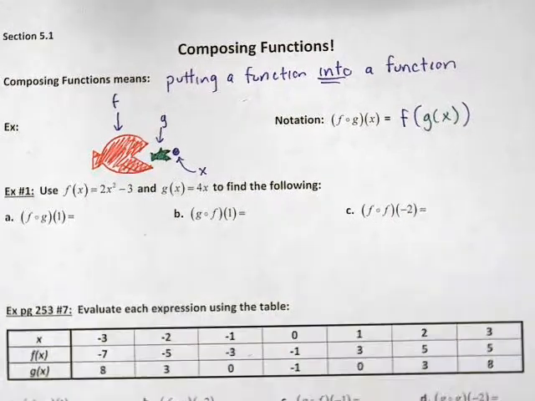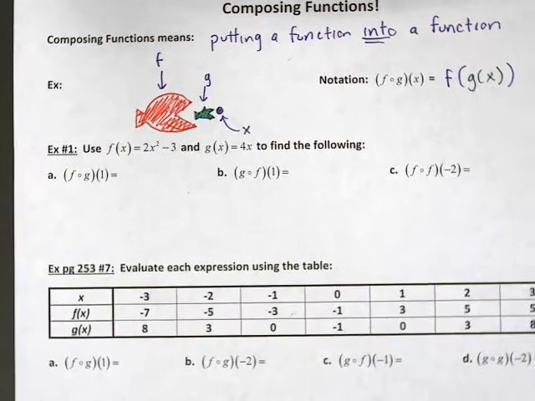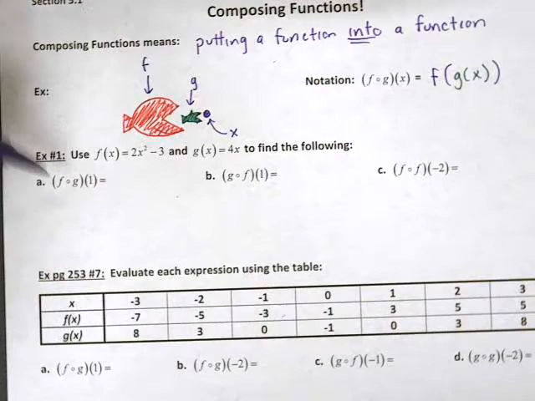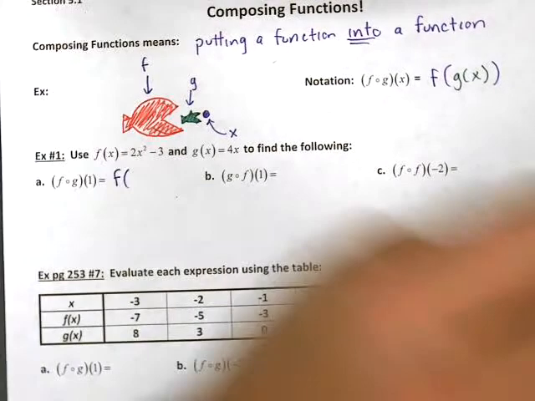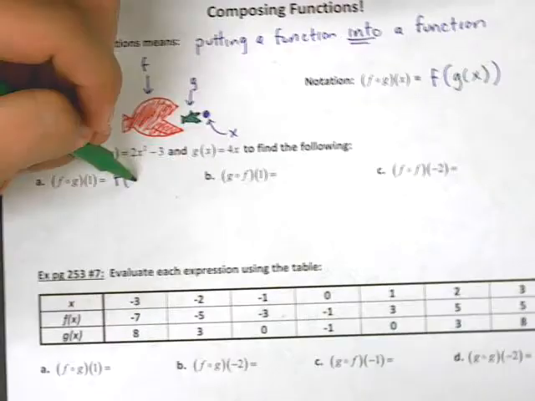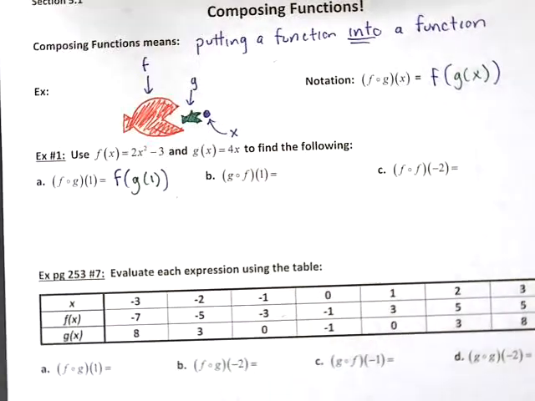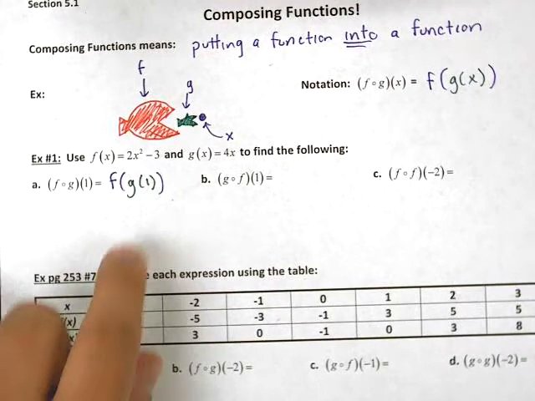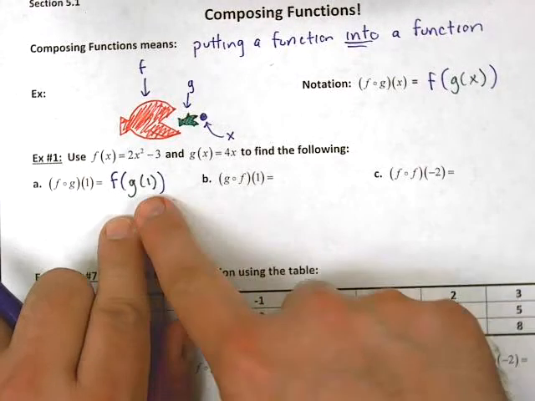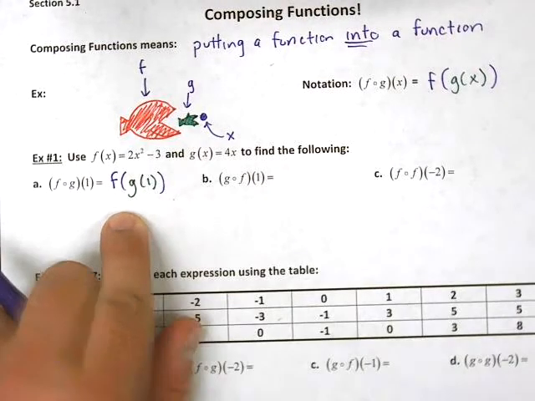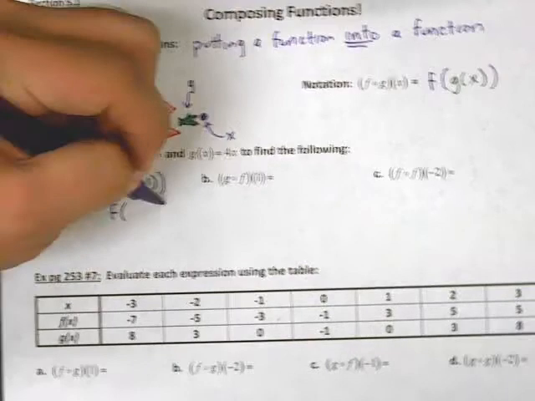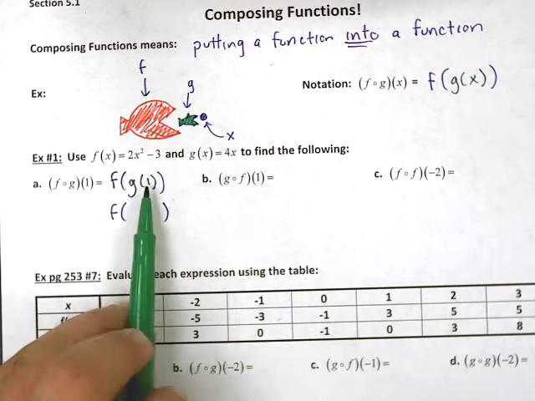So how does that work? Well, when we move on, I'm going to start by rewriting this in my new way, okay? I'm going to rewrite it as F of G of 1. Because now what I'm going to do, hopefully you guys are seeing this, I'm going to plug 1 into my G function. And what do I get when I plug 1 into my G function?